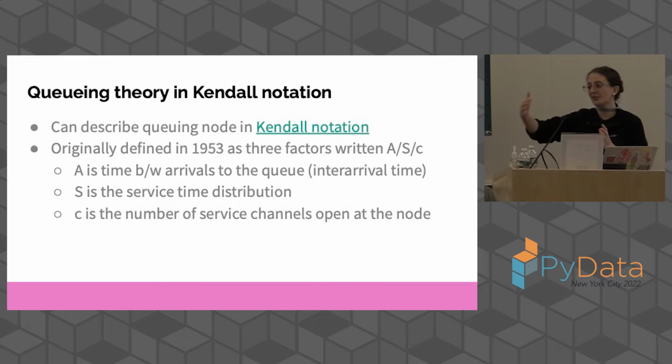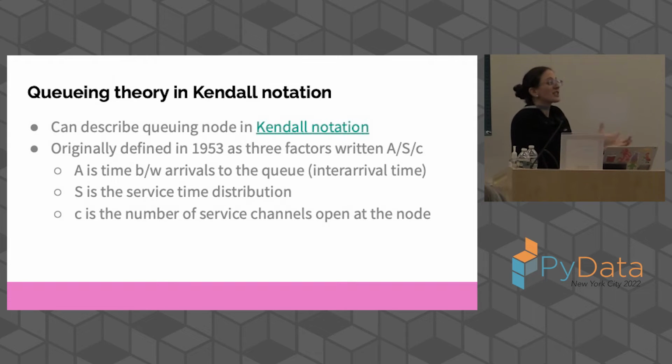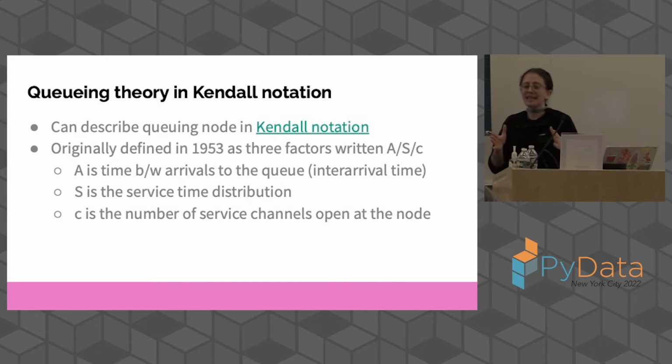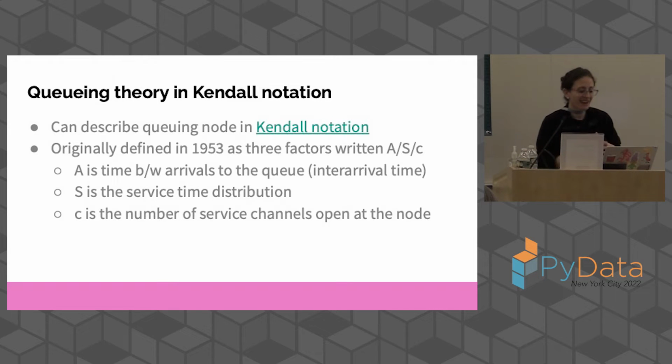How often are customers showing up to my bank, to my store, or how often are my machines breaking down? That could be an example if I have machines that break down and they require service from a technician. Those broken machines would be my customers arriving at my queuing node. So A is the time in between those arrivals.